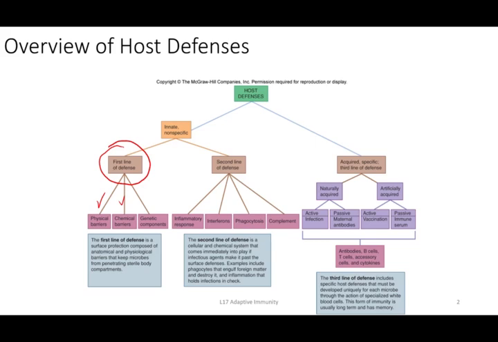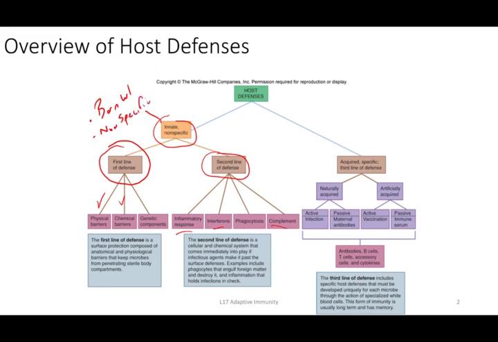And then part of the second line of defense that also falls under the innate immune response included things like phagocytosis and the complement cascade and interferons and inflammation. What's not included here, we talked about fever. So remember that the innate immune response you are born with, and it is non-specific.